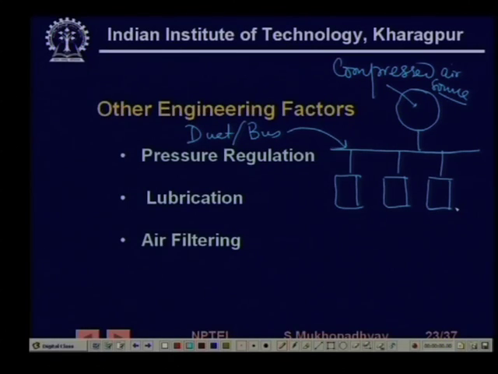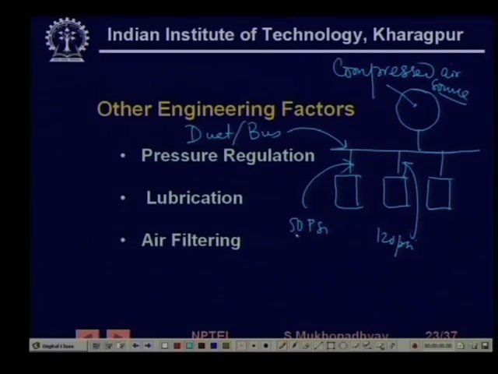Firstly, all these equipment may not be operating at the same pressure. Some of them may be working at, let us say, 50 psi, some may be working at 120 psi, whatever. But remember that we said why a pneumatic system is cheap. It is cheap because you are going to use one compressor, so the compressor cost is going to get divided.